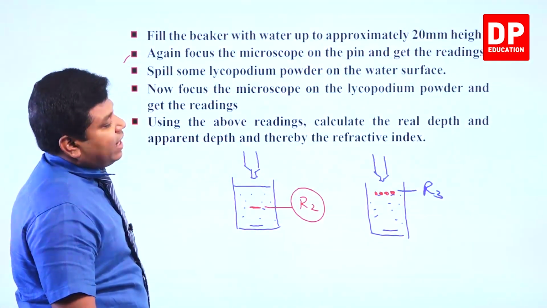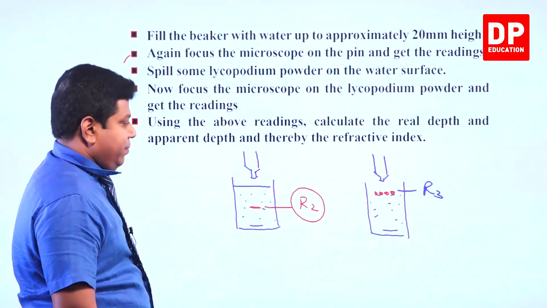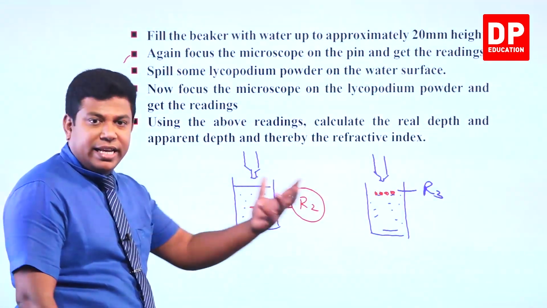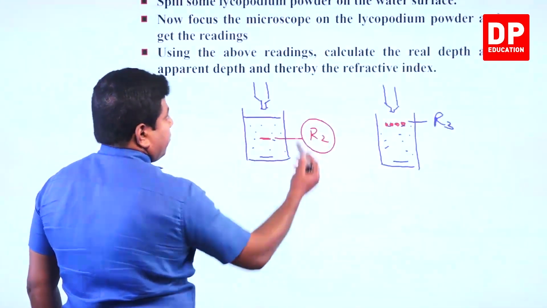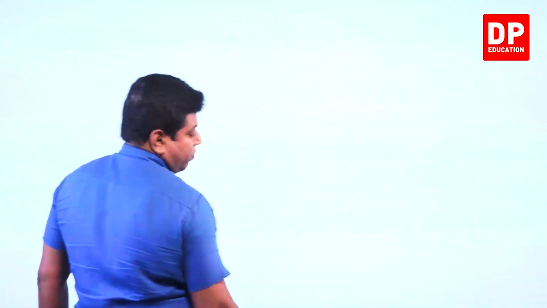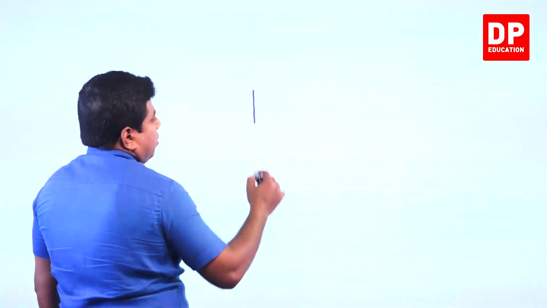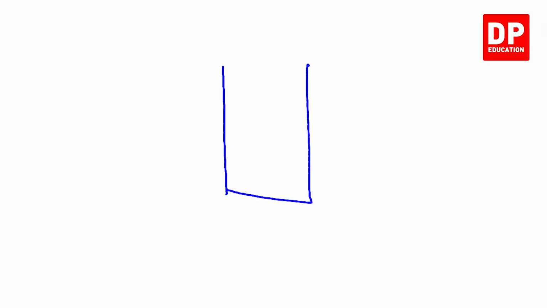Using the above readings, calculate the real depth and apparent depth. So see, if I bring all the readings into one diagram, this is how the beaker is: we have the pin here, image here, water, lycopodium powder here.